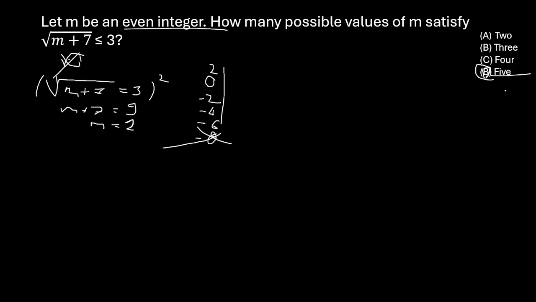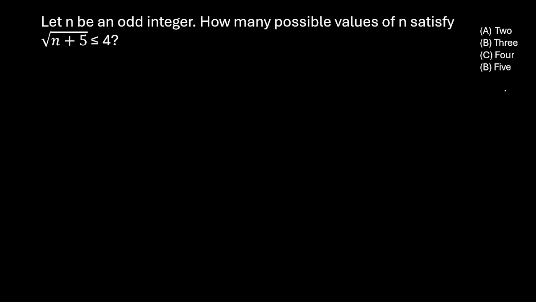Okay. Let's have a look at a similar one. You can solve this using the same method. Give it a try. So let's see. N is an odd integer. Okay, when does the square root of n plus 5 equal 4? Raise to the second power.